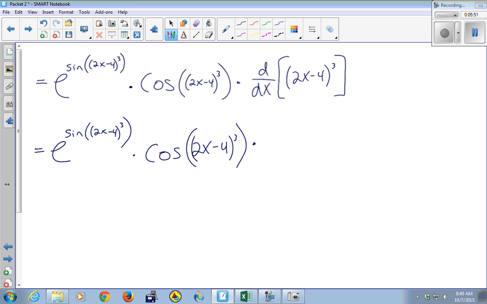How do you take the derivative of some stuff cubed? Apply the power rule to the stuff, and then multiply times the derivative of stuff. So I'm going to bring the 3 down, (2x minus 4) squared, and then times the derivative of the stuff. And then what's the derivative of this inside stuff? 2.